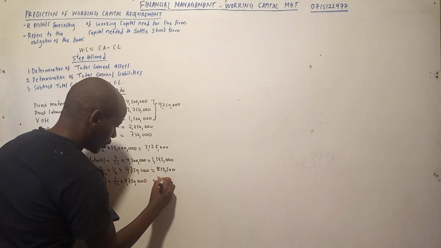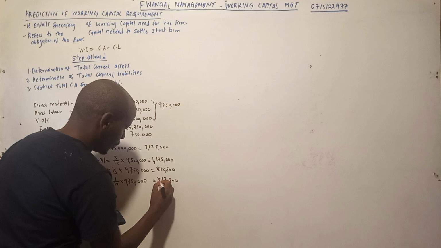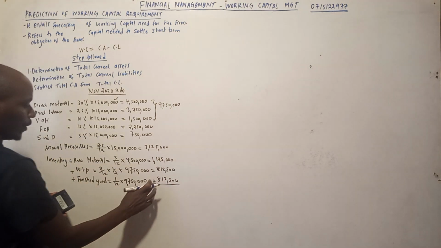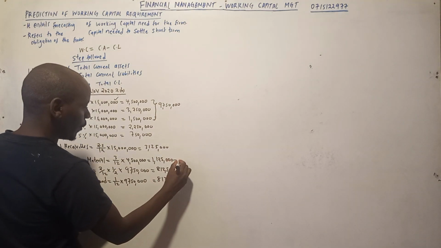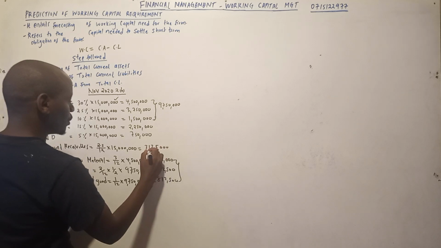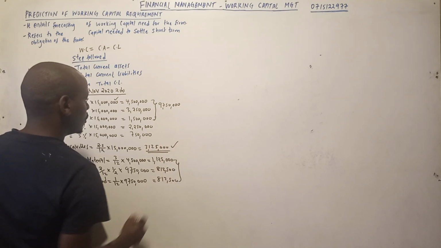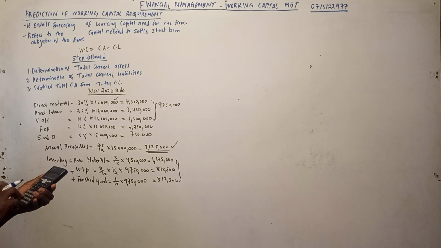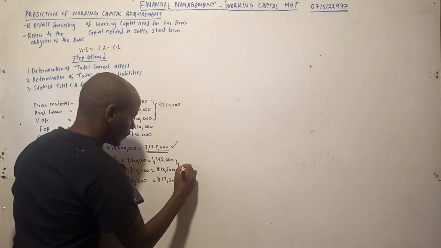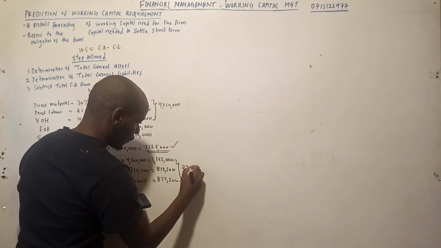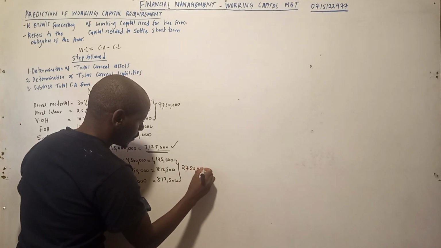So the value of inventory will be 1,125,000 plus 1,125,000 plus 812,500 plus 812,500, which is 3,875,000.